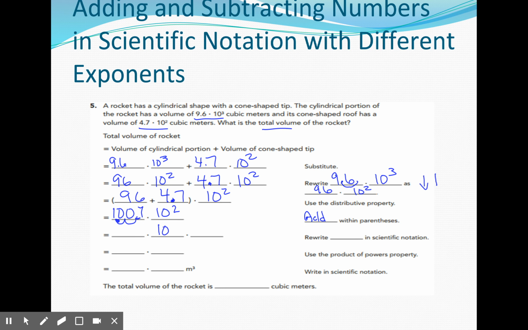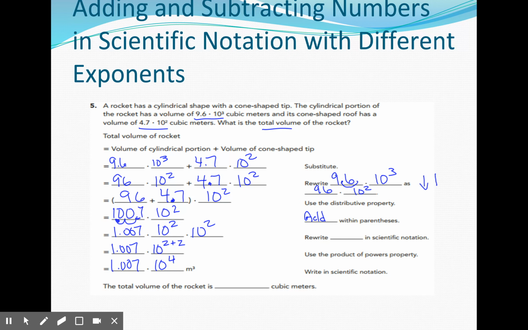So I'm going to have 10 squared, my exponent's 2. So 1.007 times 10 squared times the original 10 squared. So 1.007 times 10 squared plus the other squared would be 1.007 times 10 to the 4th meters cubed.